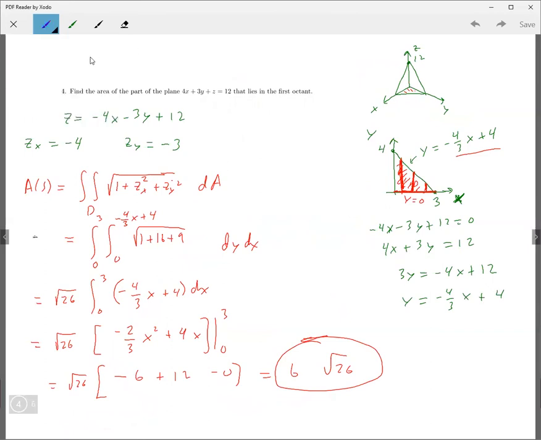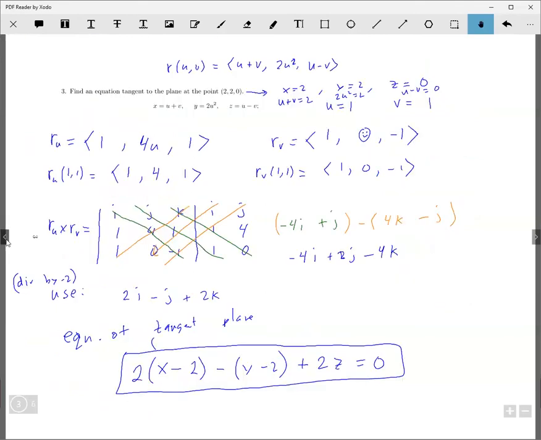Okay, what you can do is write it as a parametric equation. It would be x, y, and this one, negative 4x minus 3y plus 12. This is what I told you.